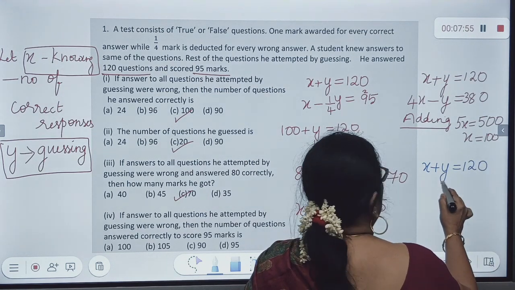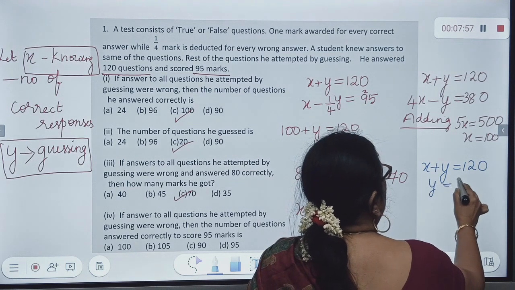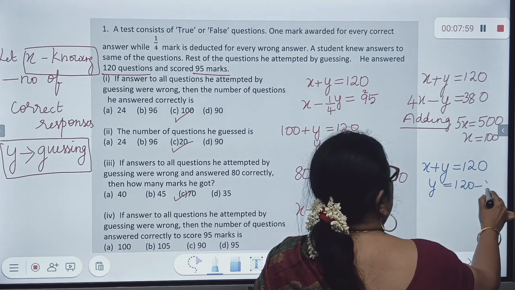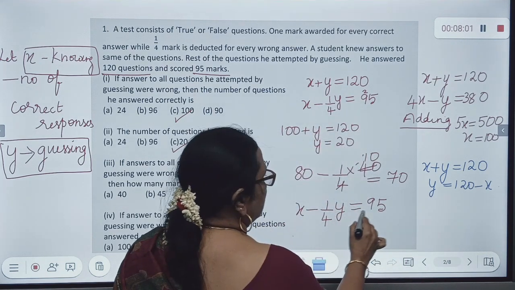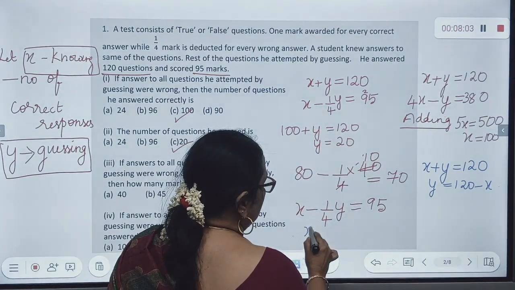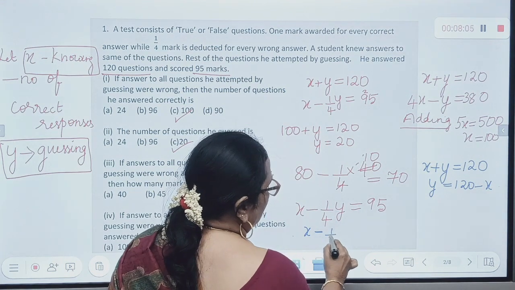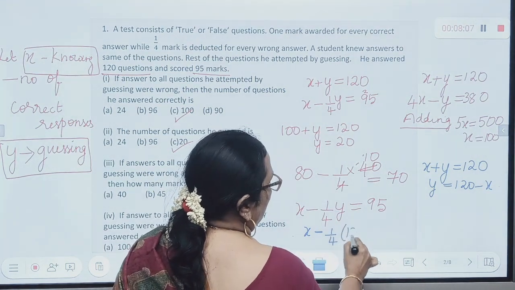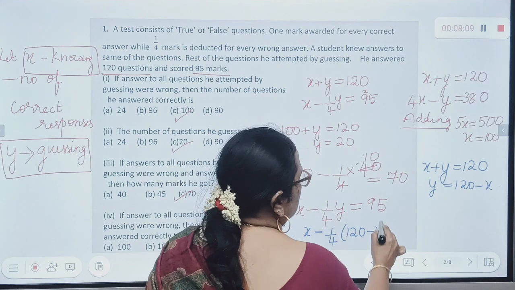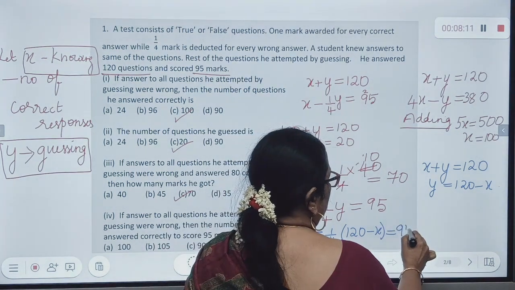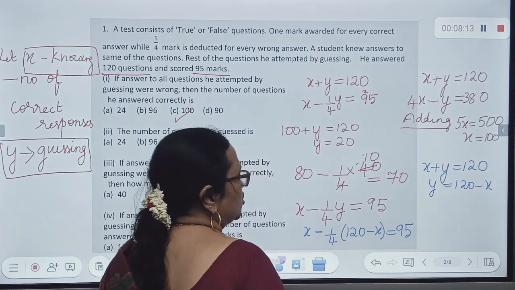So if x plus y is 120, y is 120 minus x. So if you look at this equation, x minus 1 by 4 into 120 minus x equal to 95, we have to solve this equation.